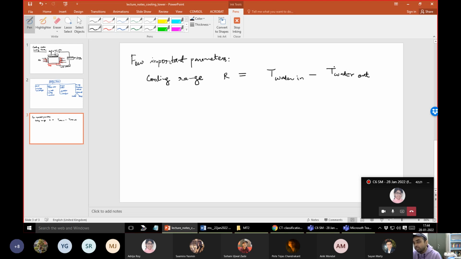That is something to keep in mind. So the cooling range is very important. There are two ways to decrease the cooling range: either you can increase the cooling water outlet temperature or you can decrease the cooling water inlet temperature.